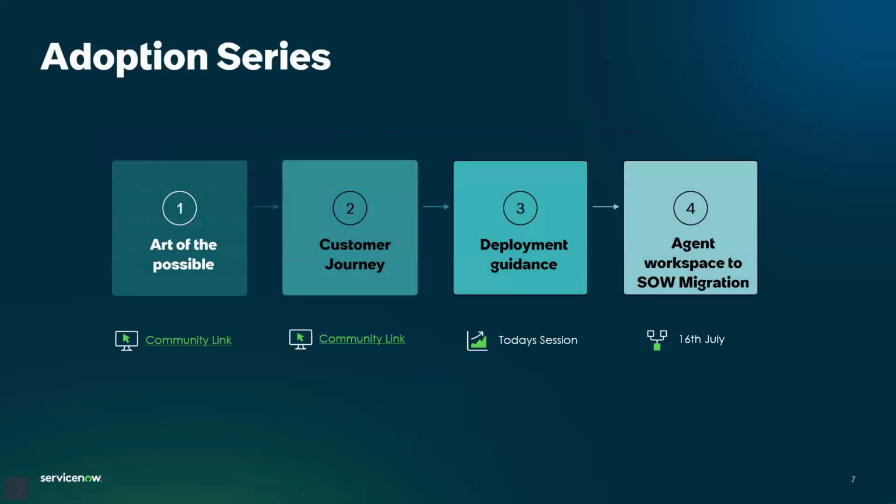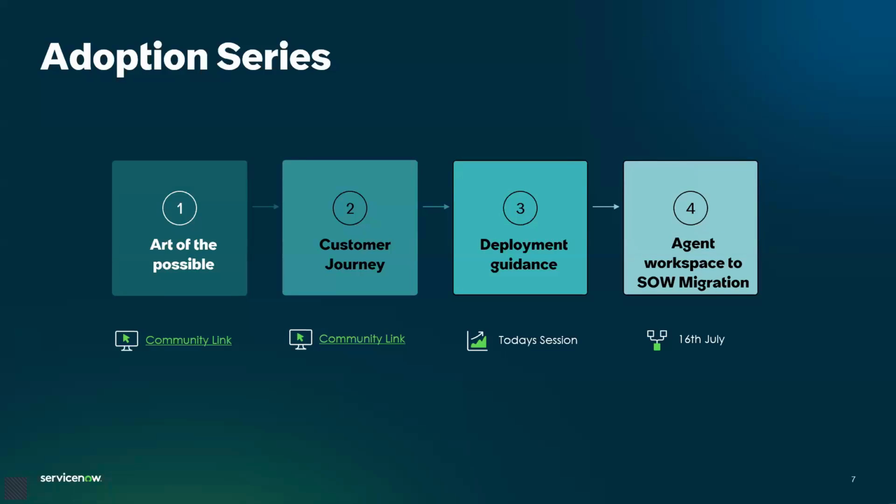Yes, so we're going to start with the adoption blueprint. We are now on the third session. We started with Art of the Possible, where we showed a day in the life of a service desk agent. And on our second session, we explored different phases of the adoption journey.